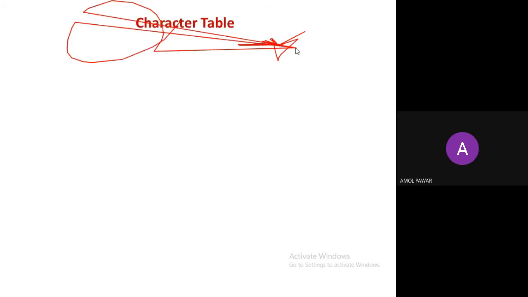So the next part of representation is irreducible representation. This irreducible representation can be shown by the symbol tau, or we can say lambda.